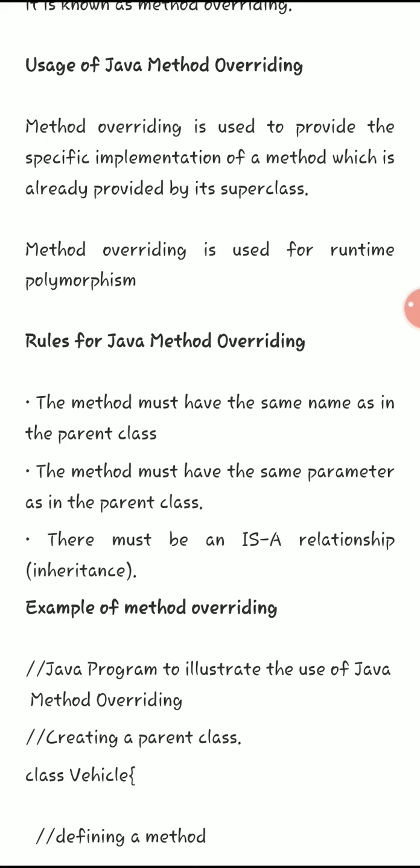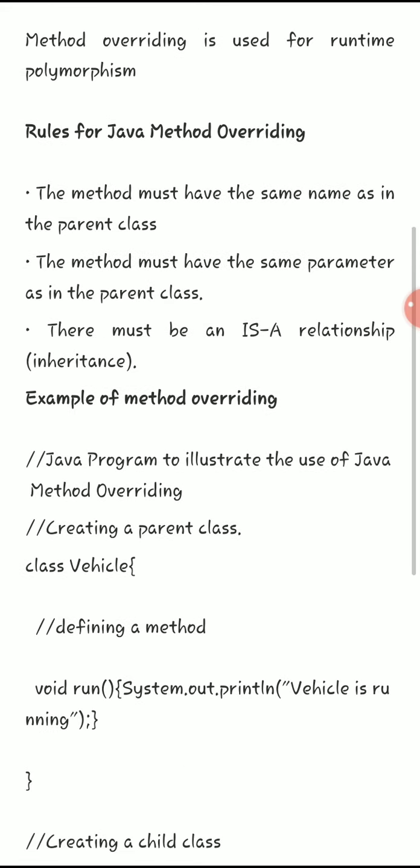But in method overriding, the name as well as the signature of the method should be the same. Only when the name and the parameters are the same will overriding take place.